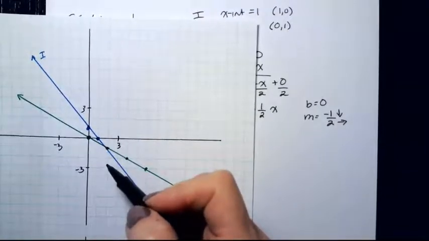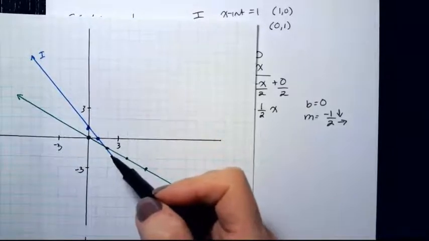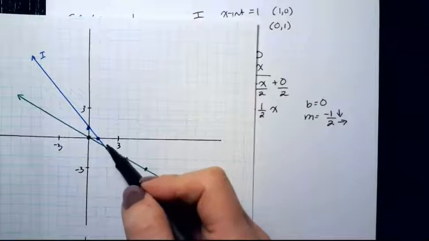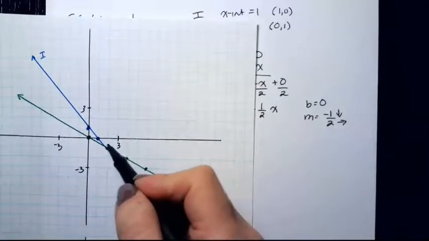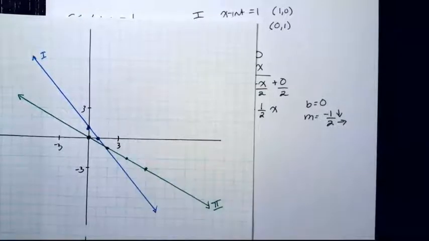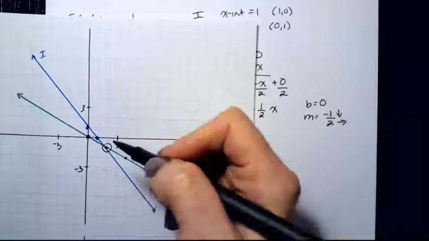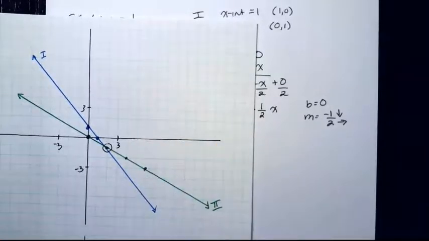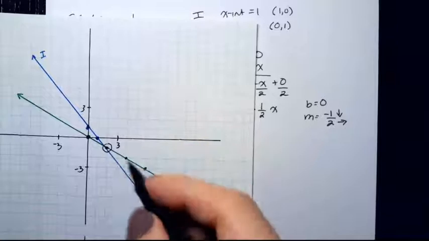It could occur at a fractional point, but the examples that we usually see are usually integer or maybe sometimes fractional values when you're graphing it. So most likely I was a little off graphing that blue line, and it's probably this point here. Probably. Now how can I be sure? Well, I can just check it to make sure that works. So that point of intersection is the point 2, -1.